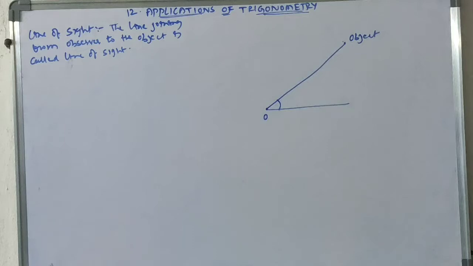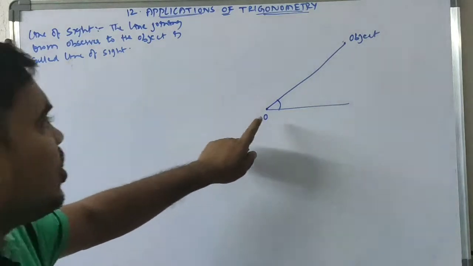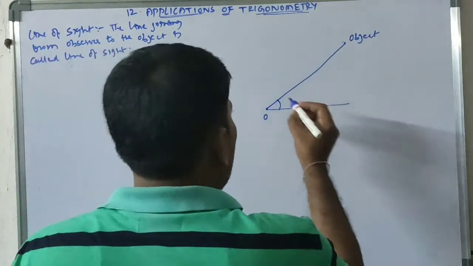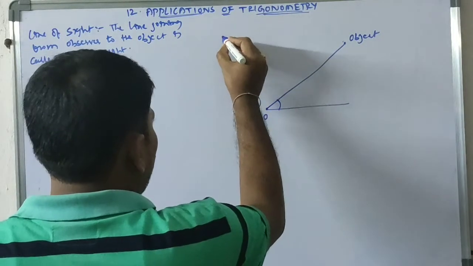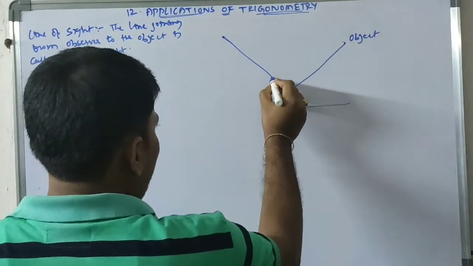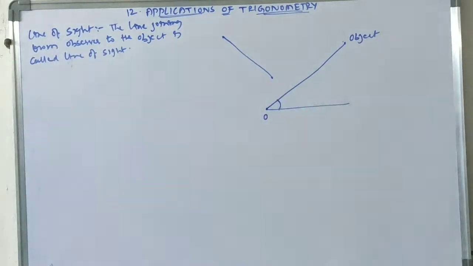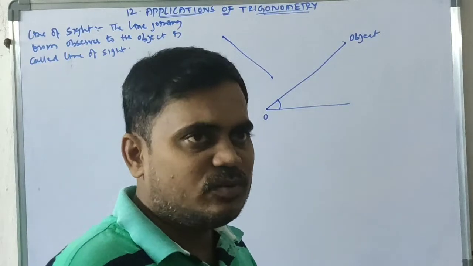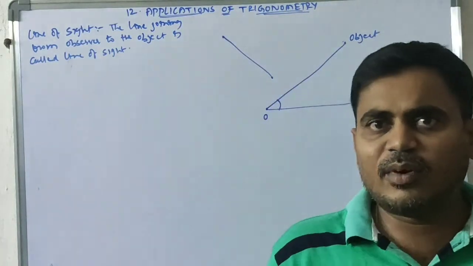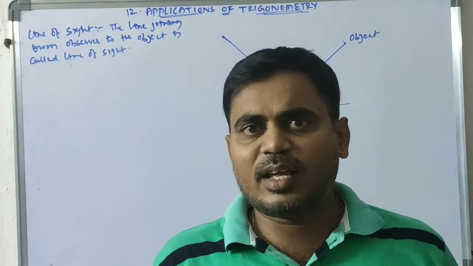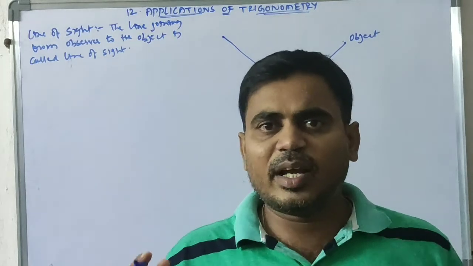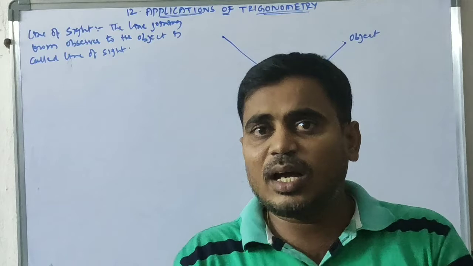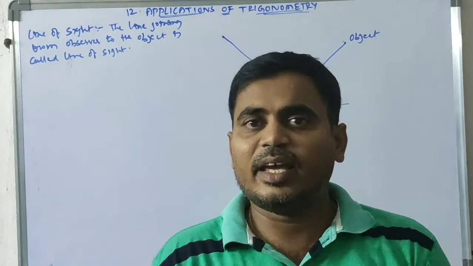This is the observer, this is the object. Sometimes the observer is up and the object is down, and this is also a line of sight. The observer may be somewhat high or the object may be somewhat high; which one is higher is not important. The line joining the observer to the object is called the line of sight.